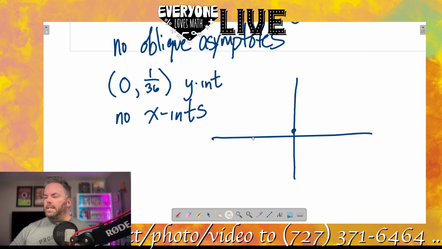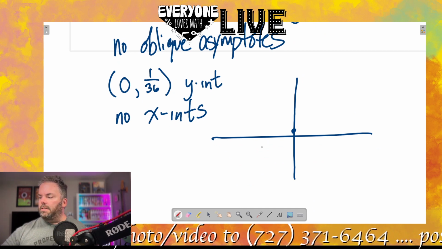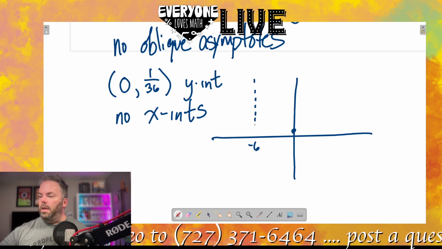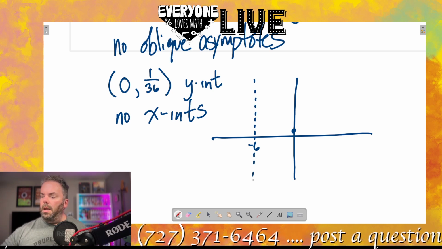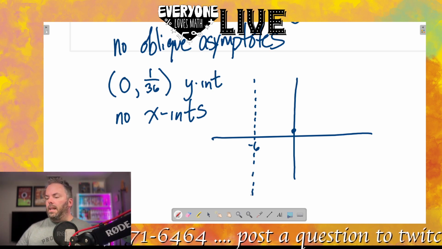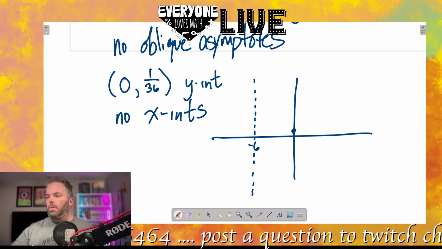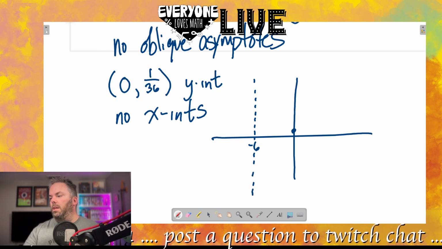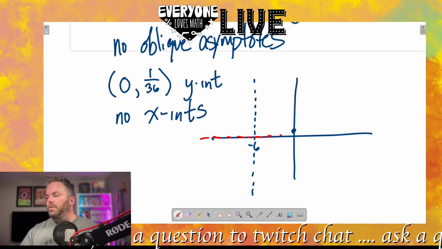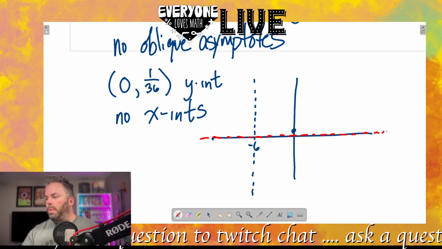There's a vertical asymptote at x equals -6. So I'm going to go over here where -6 could be, and I'm going to put a vertical asymptote at x equals -6. There is a horizontal asymptote at y equals 0. So maybe I'll use a different color so that it shows up, but I'm going to put a horizontal asymptote here at y equals 0.